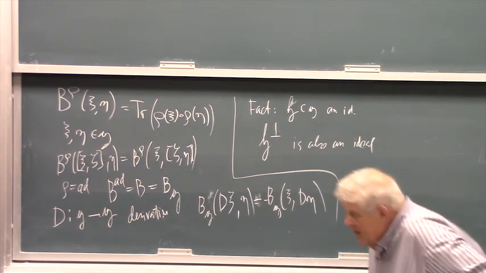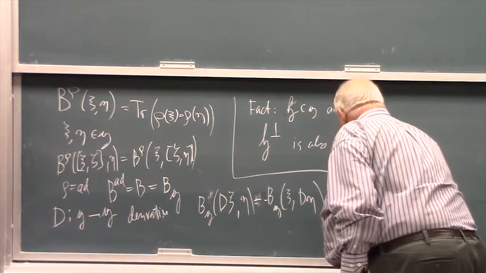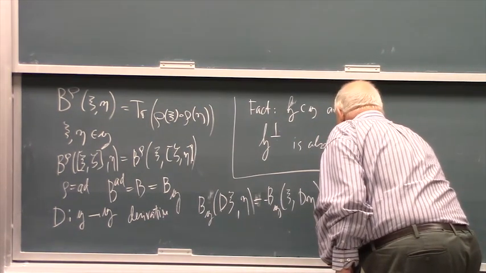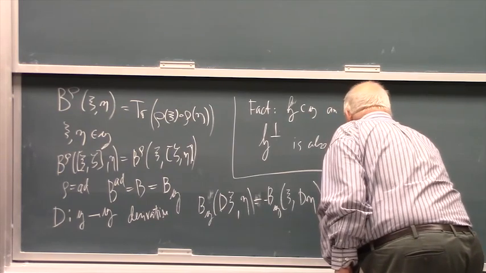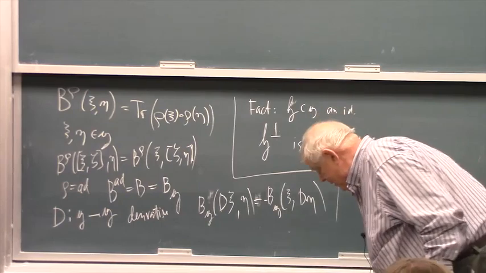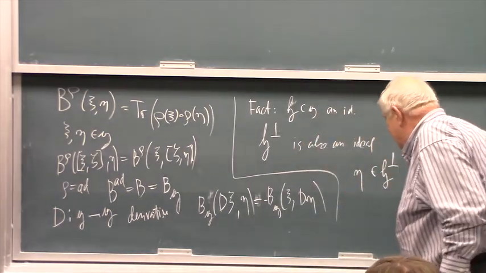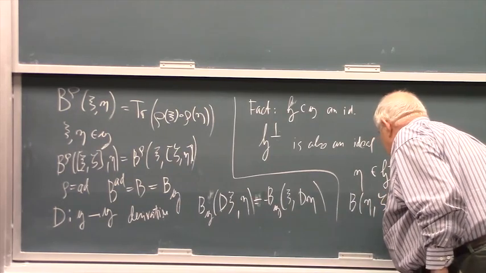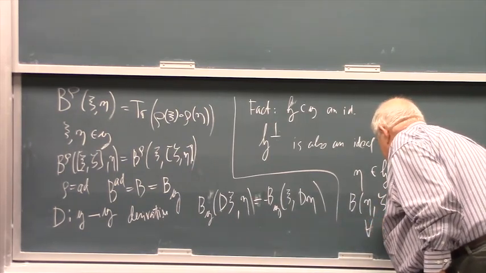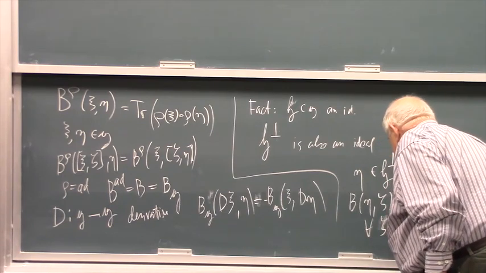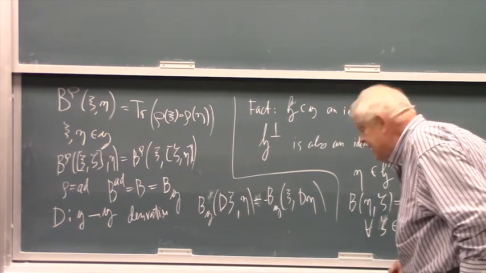So imagine that eta belongs to H orthogonal, which means that B(eta, zeta) is 0 for any zeta in H, right?